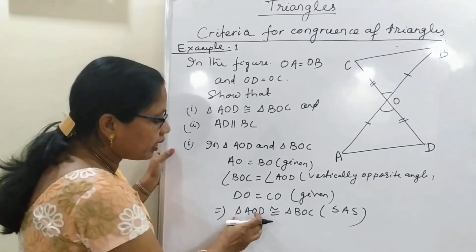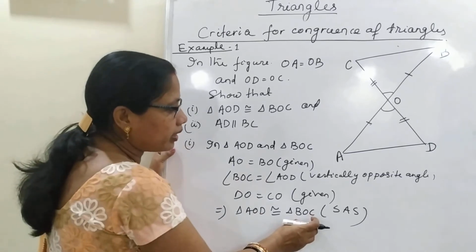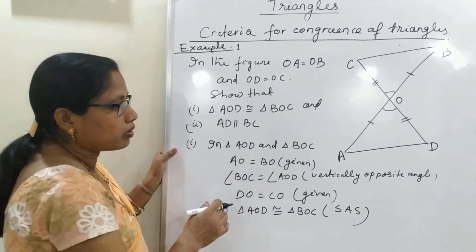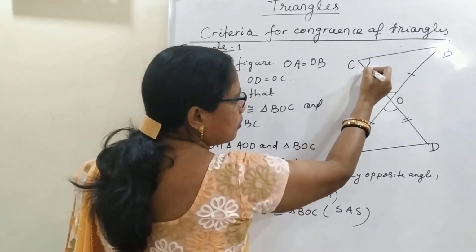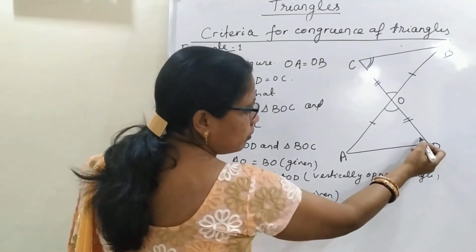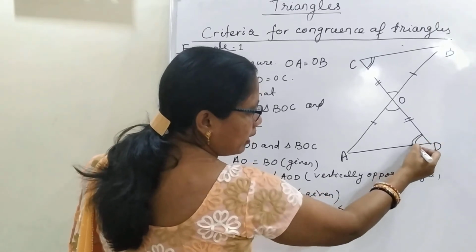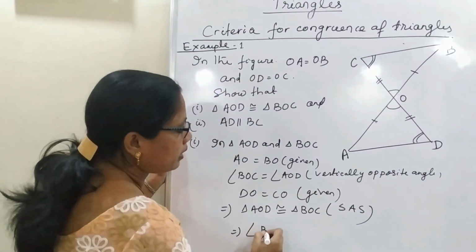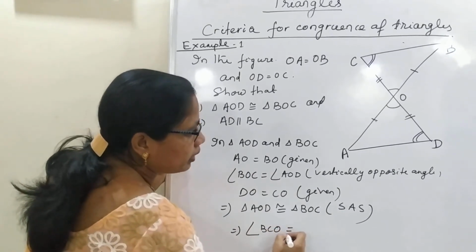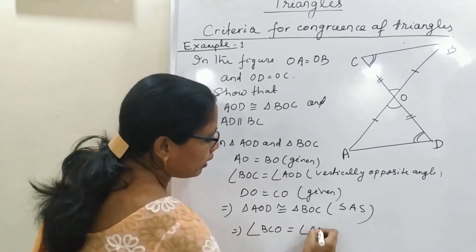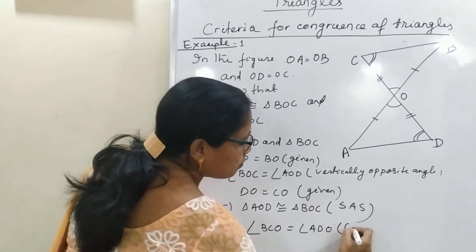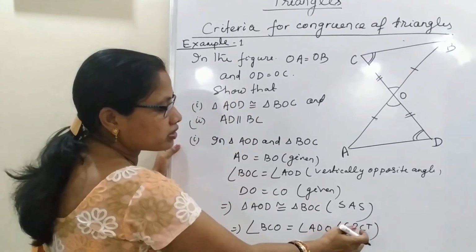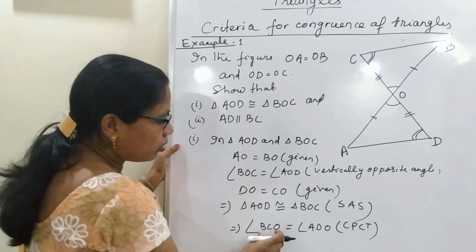If triangle AOD is congruent to triangle BOC, then all other corresponding parts are equal. So angle BCO will be equal to angle ADO by CPCT, corresponding parts of congruent triangles. Look at the figure.